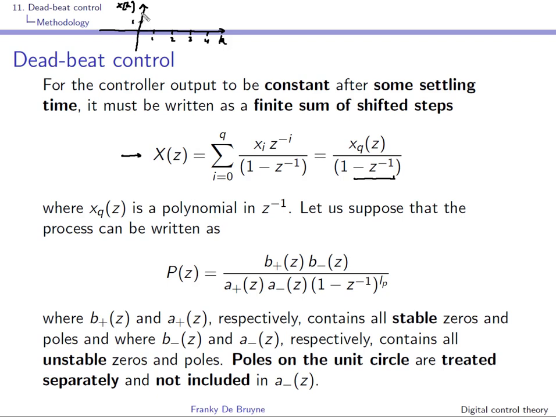We'll have the levels 1, 2 and 0.5. And for instance, the controller output could look like this. So it goes to 1, then it stays 1, then it goes to 2, and then it takes its final value at 3.